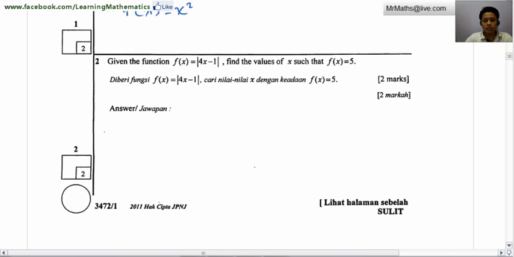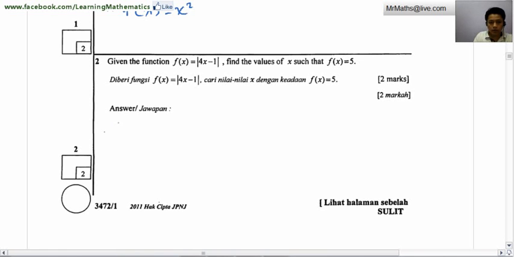Given that function f(x) equal to modulus of 4x minus 1, find the values of x such that f(x) equal to 5. Alright, that is a complexity because there is a modulus sign there. So what do we need to do?